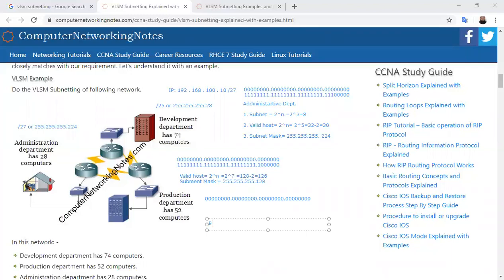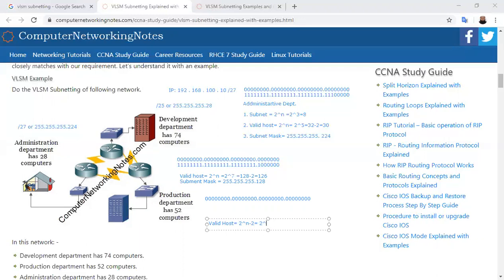So how many zeros do we need to reach this number? Valid hosts: 2 power n. If we put 5, it will be 32. Yes, so this number is not enough.